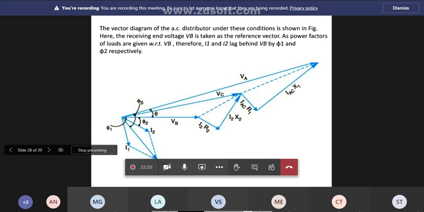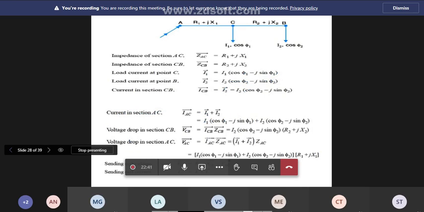So VB plus I2 R2 plus jI2 X2, what are you getting? VC. Now for VC, we add not I1 but IAC. Why? Because it is I1 plus I2, right? IAC R1, IAC X1, and we get VA. So just from this diagram we can easily draw the vector diagram.